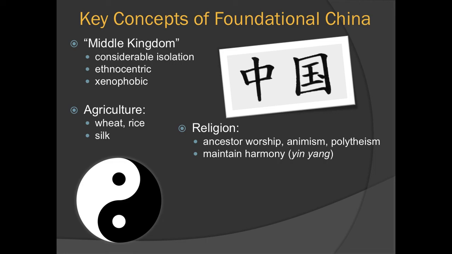There's also built or associated with Chinese society this idea of maintaining harmony, all right, or yin-yang. And you see there this symbol that represents this maintenance of harmony, this white and black circle, which represents masculinity and femininity, male, female. For every one thing, there's an opposite thing. They work together. They need to be in balance, all right? And if harmony is not maintained, what happens?